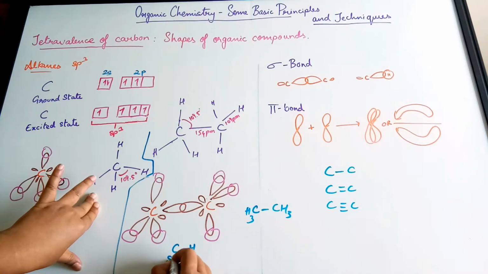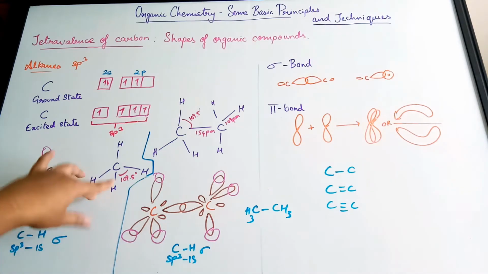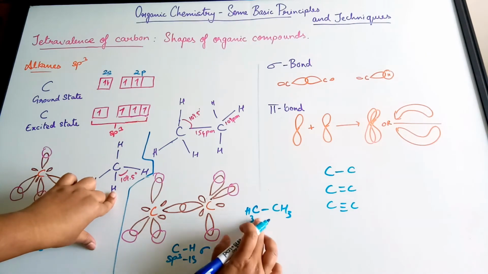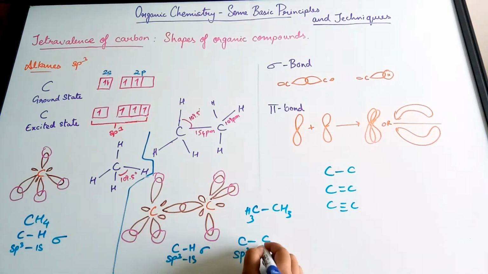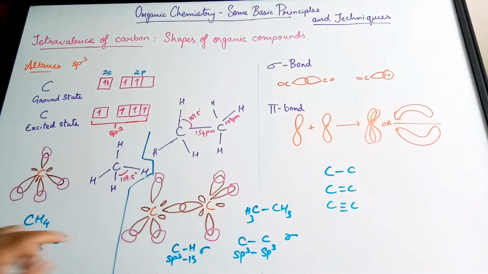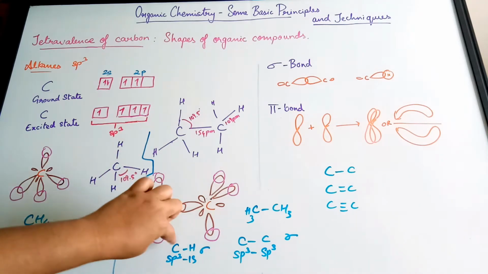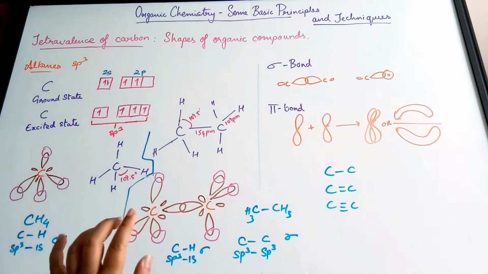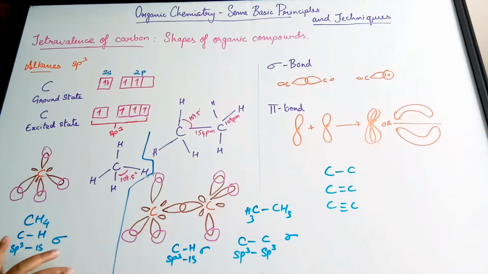Here again an sp3 hybridized carbon bonding to a 1s orbital gives rise to a sigma bond. There is also a bond between the 2 carbon atoms, and here the sp3 hybridized orbital of this carbon will bind to the sp3 of the other one to give rise to a sigma bond. So each of these are undergoing bonding, and all of these are sigma bonds because we are talking only about single bonds. So these are all sigma bonds.